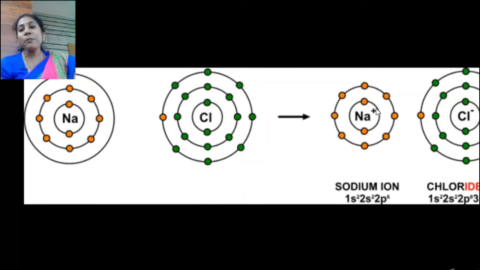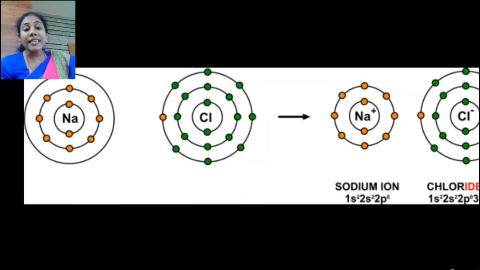Okay, so this is a positive ion, this is a negative ion, so both of them will combine to form NaCl. When these ions come nearer and nearer, an electrostatic force of attraction is formed between them, so NaCl is formed. Okay, so this is how sodium loses an electron to become Na plus, Cl gains one electron to become Cl minus, and both of them later combine to form NaCl.